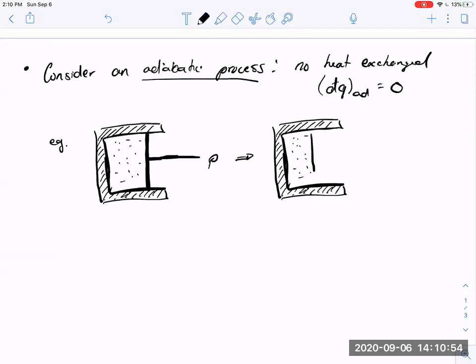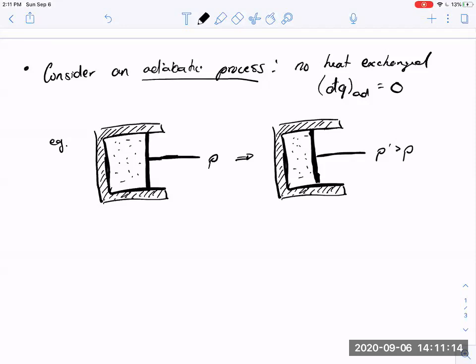That gas is smushed up a little bit with some P prime greater than P. And in principle, if that system is wrapped in insulation, there's nowhere for the heat to flow out.